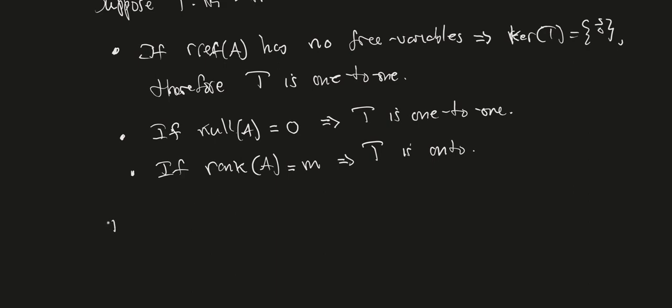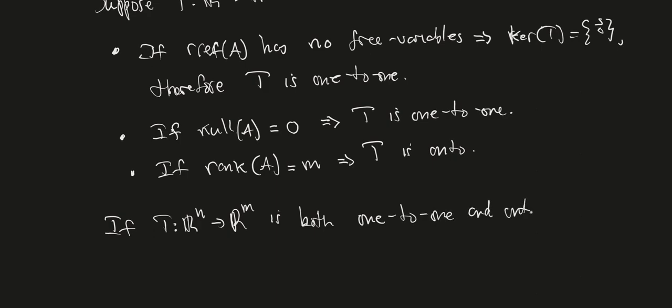So if T going from Rn to Rm is both 1 to 1 and onto, then T is invertible, right? T is invertible, so it has an inverse transformation.